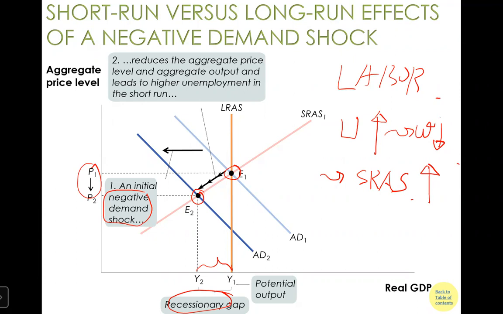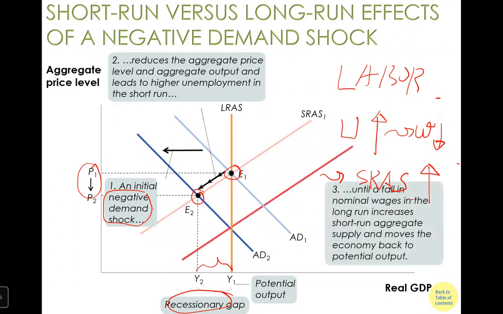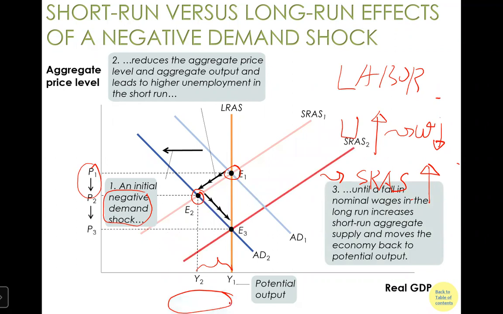So hence you can see the economy is going to respond by moving from E1 to E2, and then E2 to E3. Again, we eventually return to our potential GDP. Right? So this is after a negative demand shock.